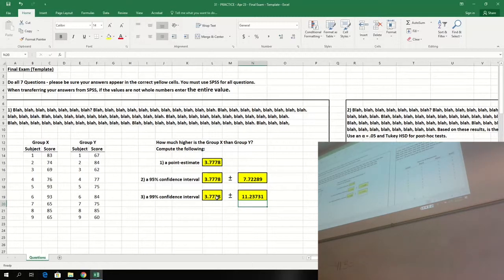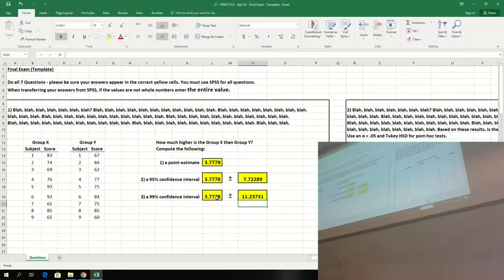So let's say that somebody was asking you, is group X higher than group Y? So for these scores here, can you tell me how much higher is group X than group Y? Well, if that's all that they want, that's your point estimate. So you would say, all right, it's 3.78. Okay. They were 3.78 scores higher.